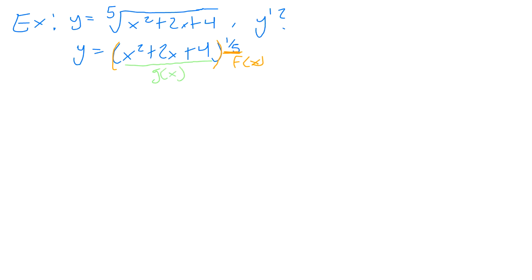So if we call back to our rule earlier, it says that f prime of x is equal to f prime of g of x times g prime of x.